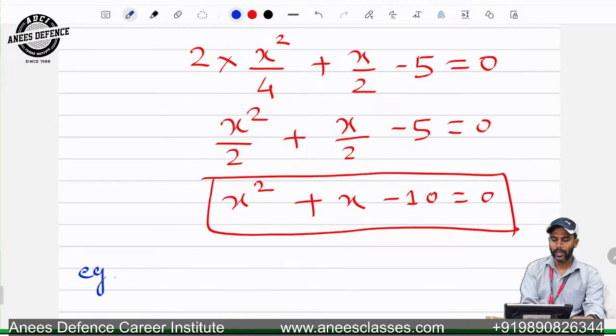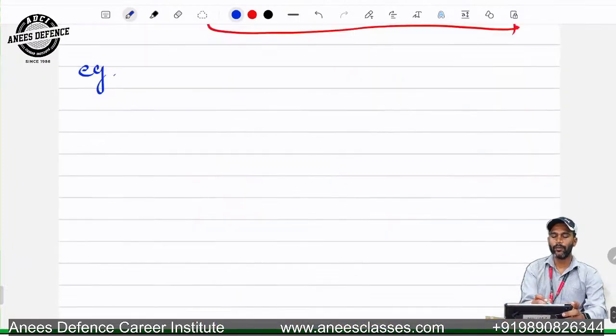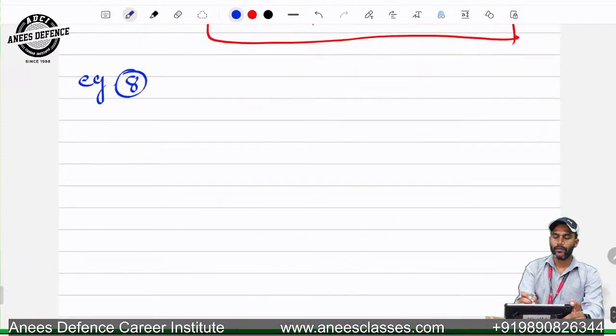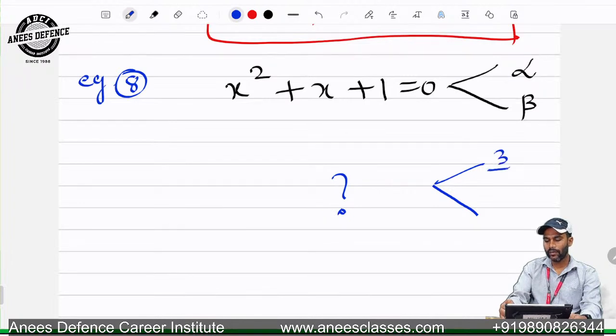Okay. Example number 8. Suppose we have the equation x square plus x plus 1, and the roots are alpha and beta. We are supposed to find out the equation of which roots are 3 by alpha plus 1 and 3 by beta plus 1.